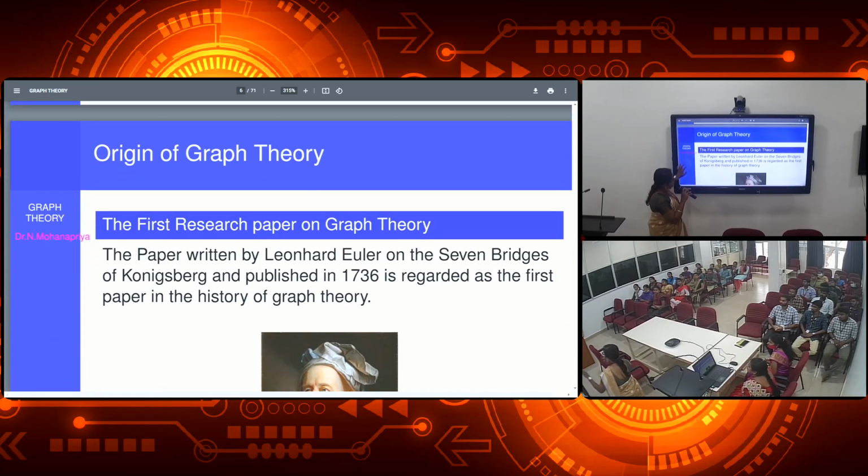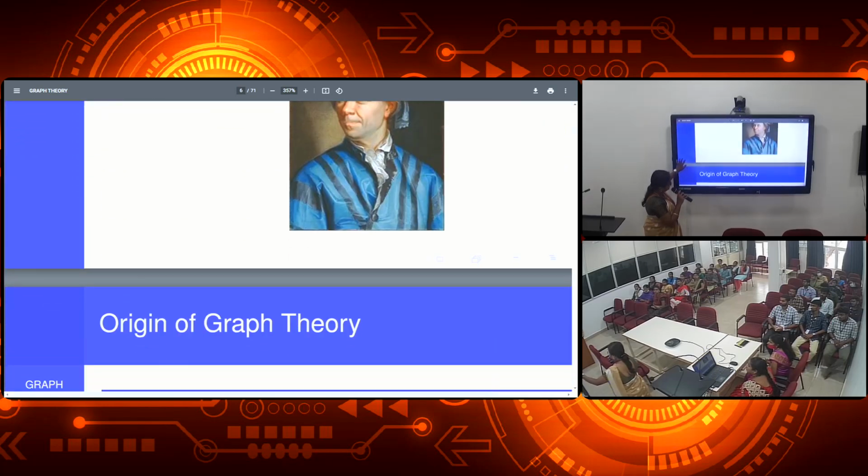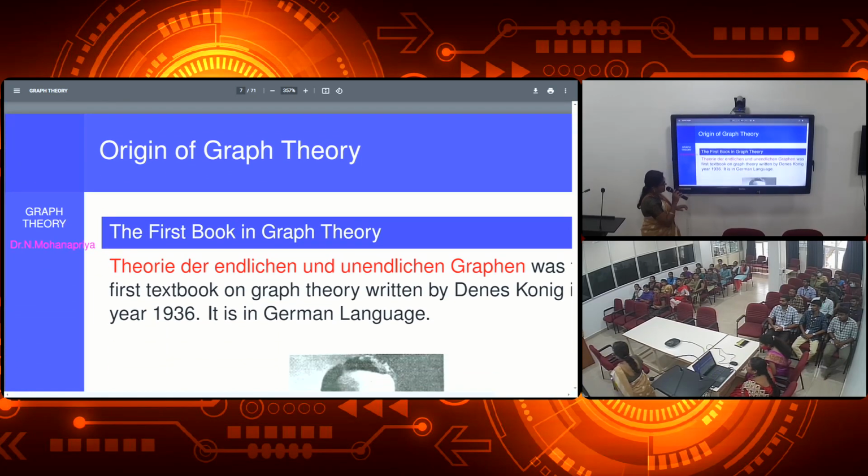Euler was the first mathematician who gave a solution for this problem. He wrote the paper in 1735 in the history of graph theory. Next, the first book after Leonhard Euler was by the mathematician Koning, who gave the first textbook, Theorie der endlichen und unendlichen Graphen, that means the theory of finite and infinite graphs.